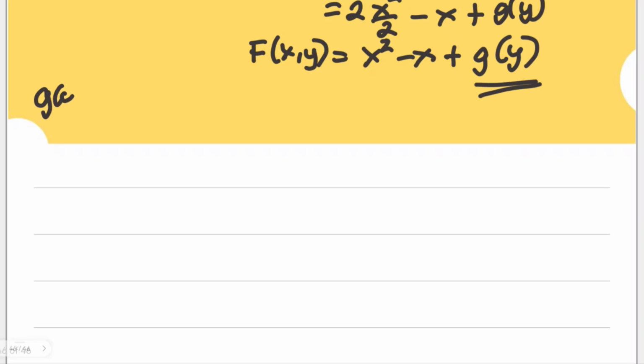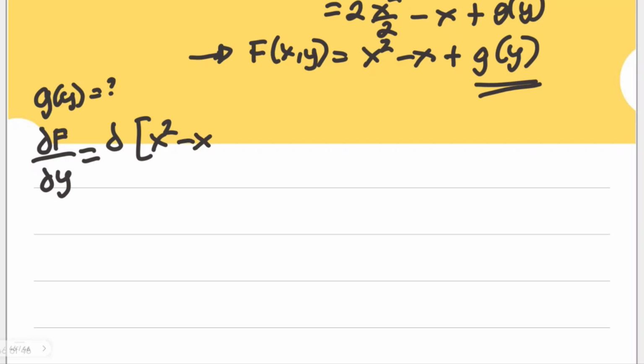To solve for g(y), we are going to take the partial derivative of f with respect to y. That means the partial derivative of this entire function, x squared minus x plus g(y), with respect to your independent variable y.